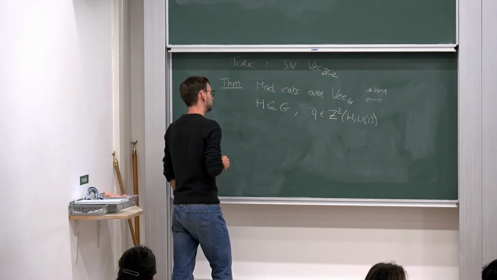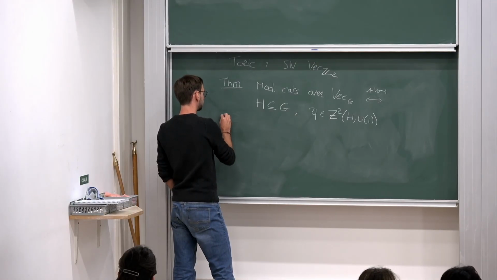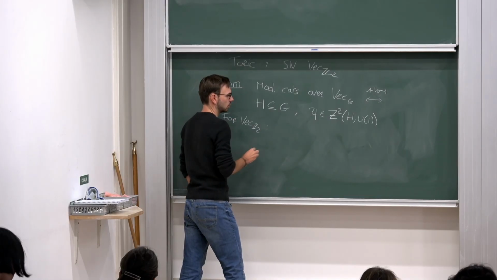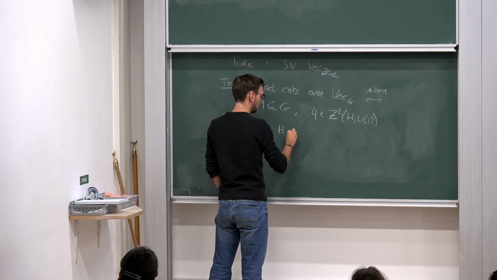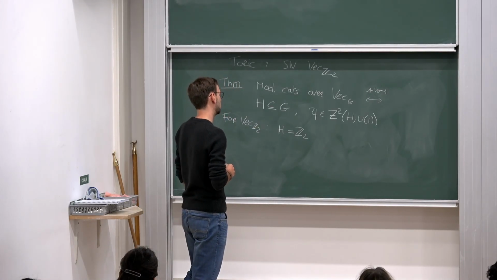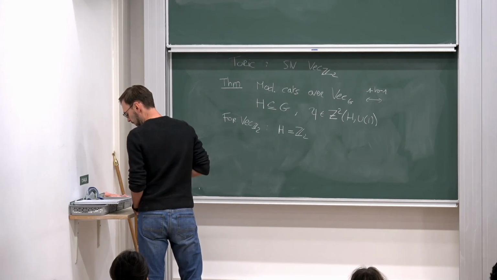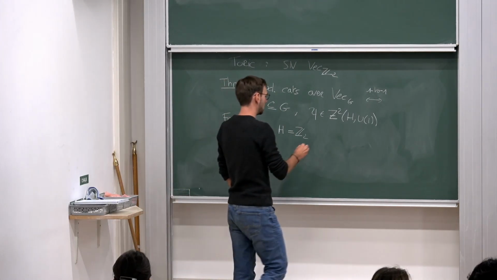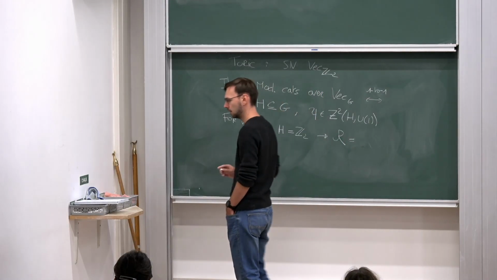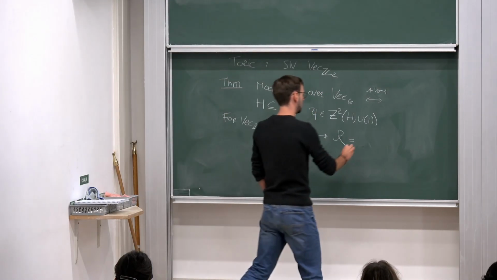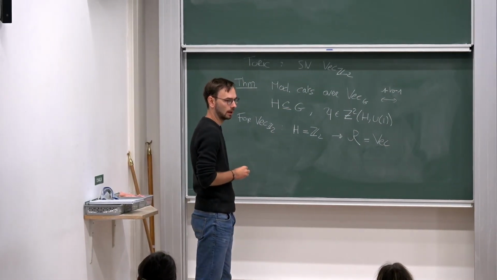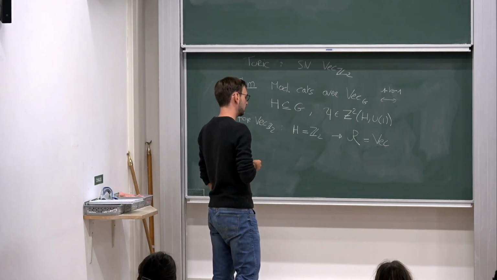And so for VecC2, we have two choices. We have one choice corresponding to Z2 itself. There are no two-cocycles involved in this example because Z2 doesn't have a non-trivial two-cocycle. And this corresponds to the module category, which we call Vec. This is the category of finite dimensional complex vector spaces.